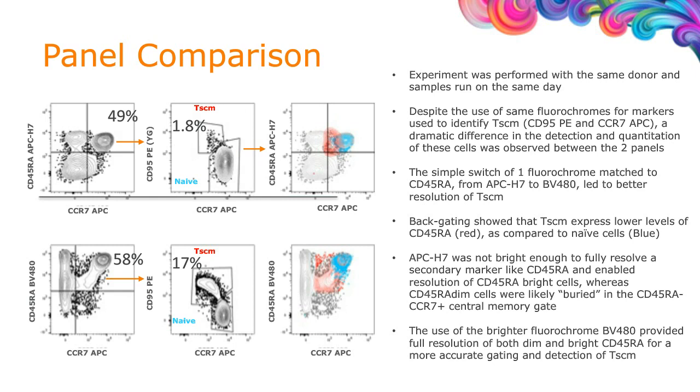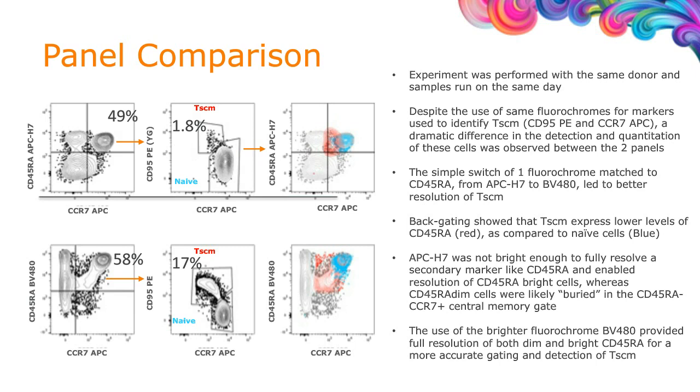So it should be noted in these two examples in this panel, everything was performed with the same donor and the samples were run on the same day. We just corrected one of the panels.